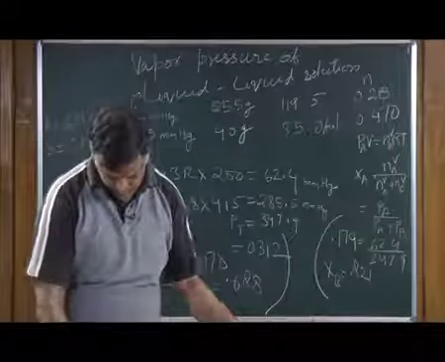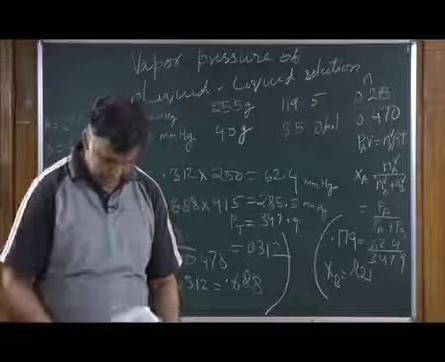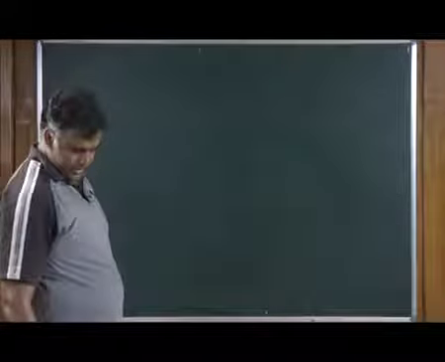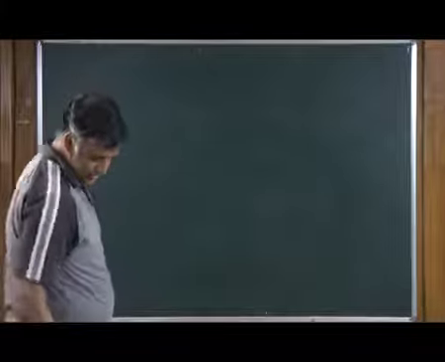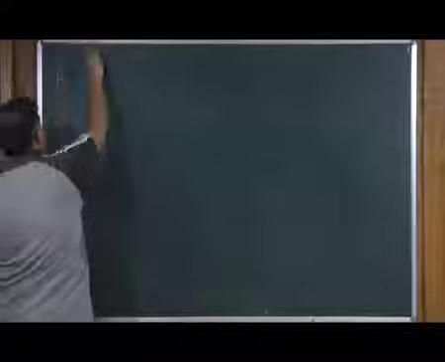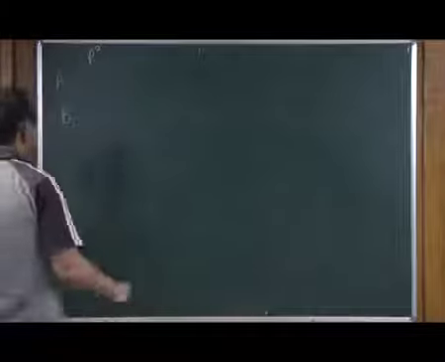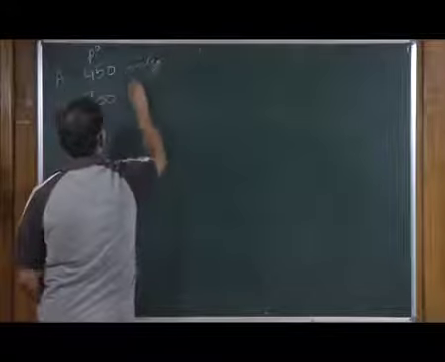Okay, let us do one more problem from the in-text questions. Okay, let me clean the blackboard first. The vapor pressures of pure liquid A and B are 450 and 700 millimeter Hg respectively. So, we have A and B, and P A 0 and P B 0 are 450 and 700 millimeter Hg respectively.